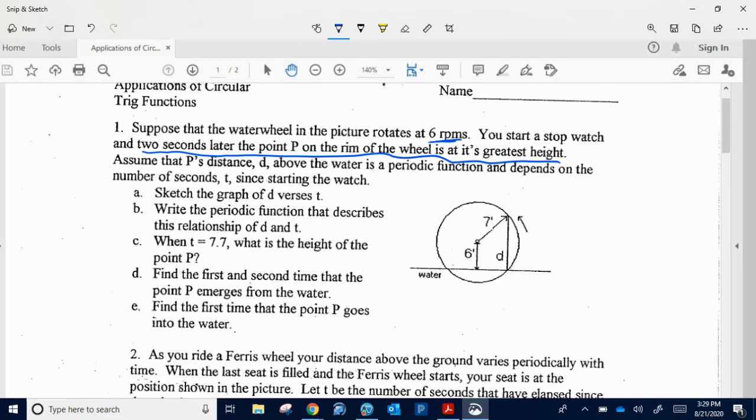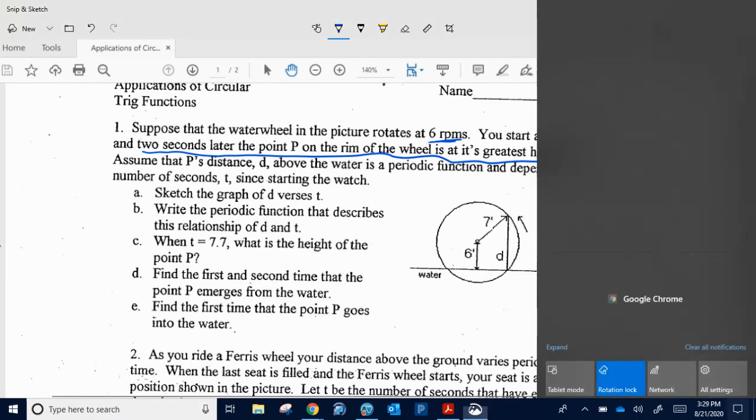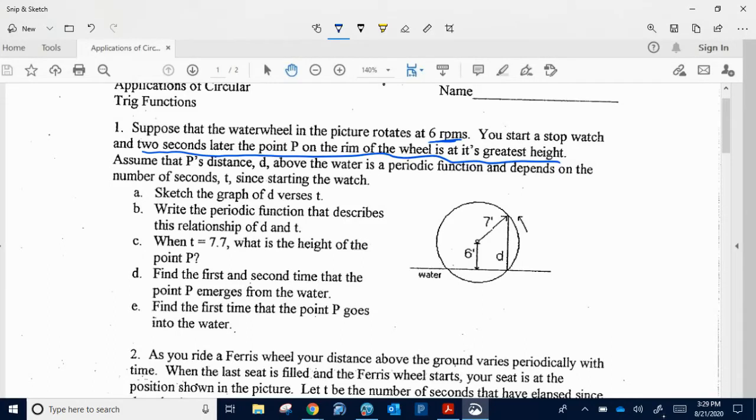So there's a point somewhere on this wheel, we'll say right there, is point P. That spot is rotating around the wheel. As the wheel spins, that point moves. 2 seconds after you start the stopwatch, that point will be at the top. So after 2 seconds, we're at the maximum height.